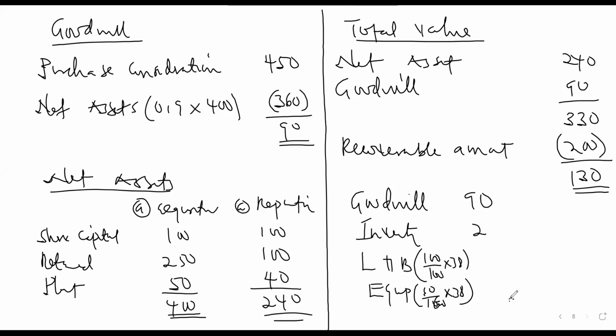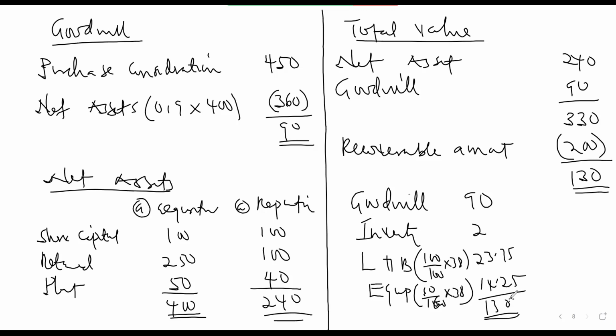So let's put the two together: 100 divided by 160 times 38. I'm having 23.75. Minus 38, and we have 14.25. You add all, you will be having 130.